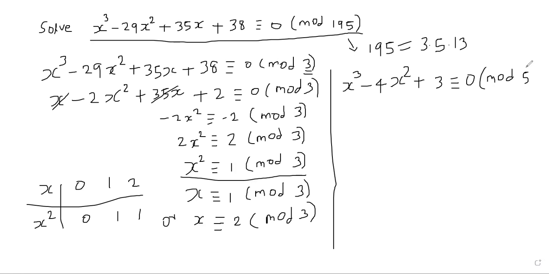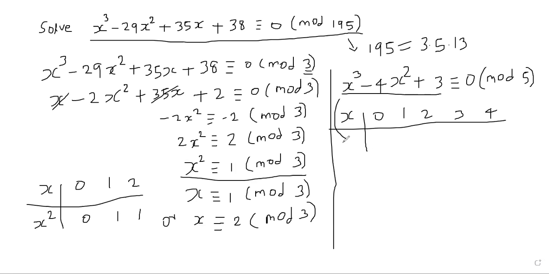Now, again, you can easily solve this with mod 5 because only 0 through 4, that means 5 possibilities, you need to try to see where you get a 0. 0, 1, 2, 3, and 4. We will be computing this expression, x cubed minus 4x squared plus 3.